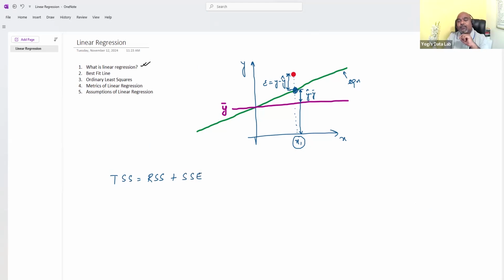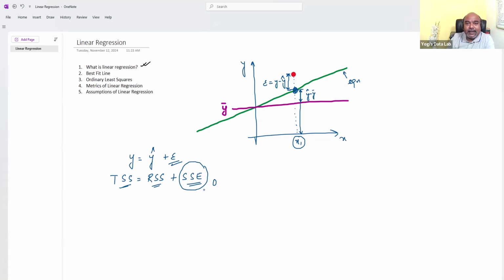Now, an important point here is that the least value of the errors can be 0. It means I'm doing nothing wrong. I'm able to predict everything as it was. This was y is equal to y cap plus epsilon. When epsilon is 0, it means that y is equal to y cap, meaning I have predicted everything accurately as it was.